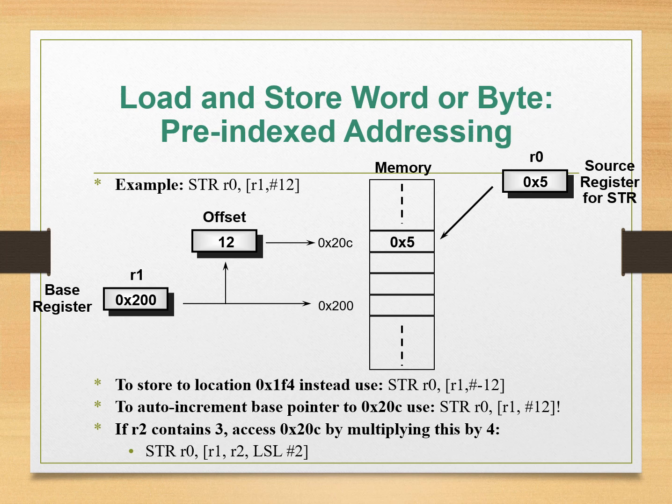The offset is negative 12, an immediate number negative 12. So negative 12 is actually a decrement by 12 from 200.